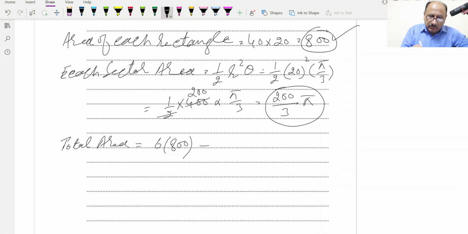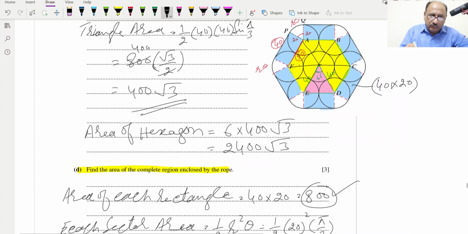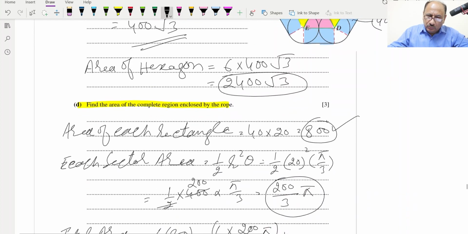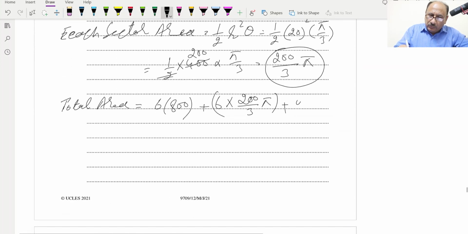So we can write here plus 6 into 200 over 3 pi, and plus third will be, which we have found over here, this will be the area of hexagon. So 2400 square root of 3. We will be adding these 3 areas.